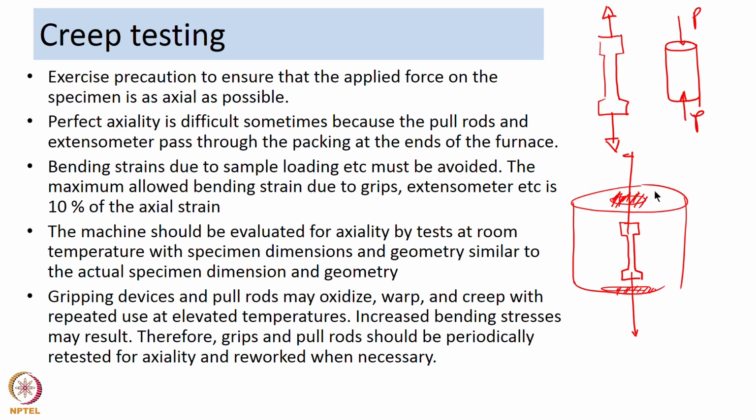When you include some packing material around the furnace or at the entrance or the exit of the pull rod, this packing material could also lead to some kind of disturbance or misalignment, and so this can create issues with axiality.